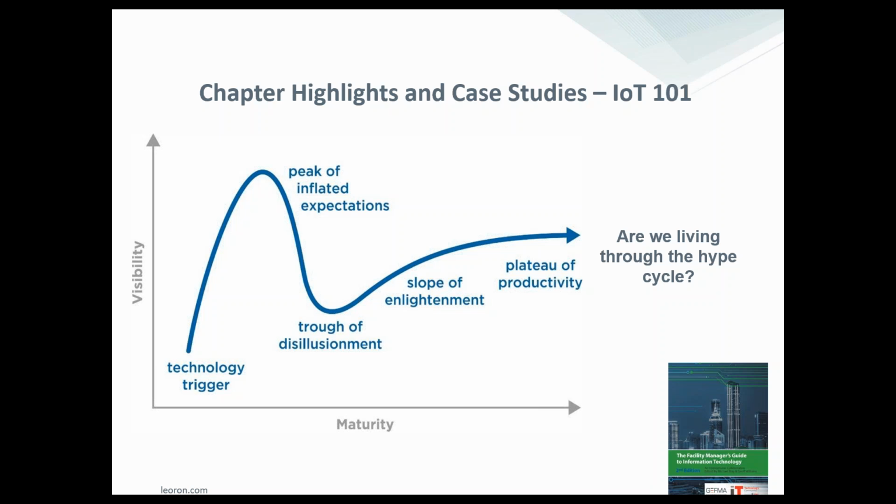People would probably have different feelings about this, but over the past few years, depending on the vendor and the tool, we got into a peak of inflated expectations. I was hearing IoT in every sentence when I was talking to people, and that typically means to me that we're at the peak of inflated expectation, where it can do wild things.